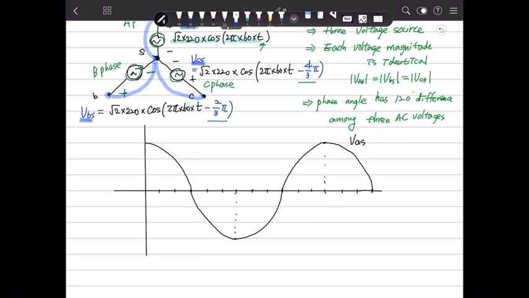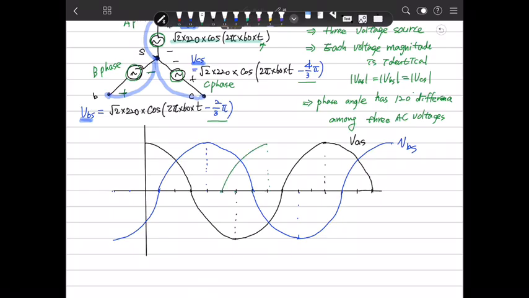So we define the voltage names VAS, VBS, VCS in this manner. So this is VAS. Then VBS is 120 degrees, that means this is an angle here. So this is VBS. And VCS has one more delay here.